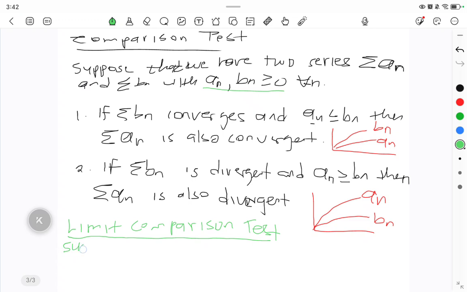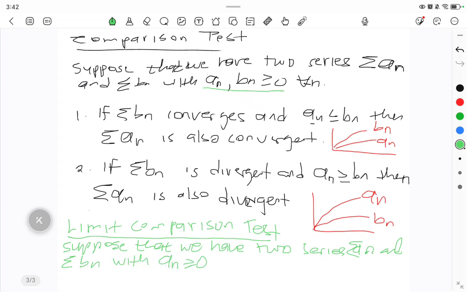So we're going to suppose that we have two series, the summation of an and summation of bn, with, check here now, the only difference that I'm gonna say, an greater or equal to 0, and bn, this one will only be greater than 0 because it will be in the denominator, for all n.